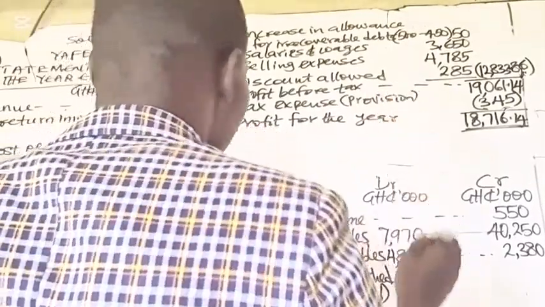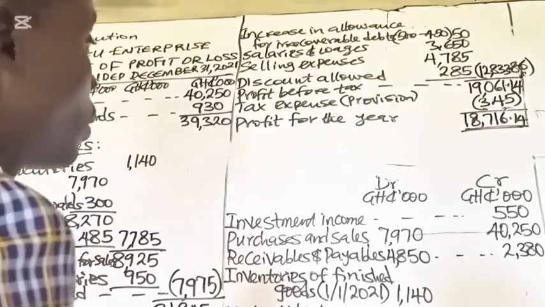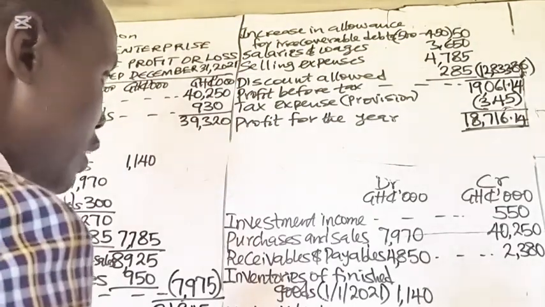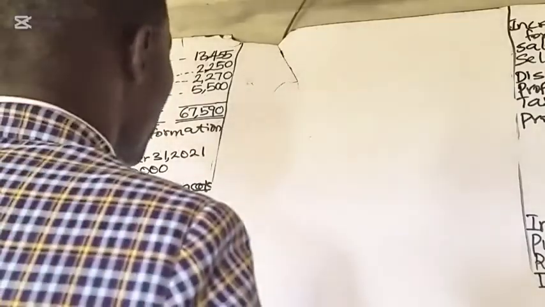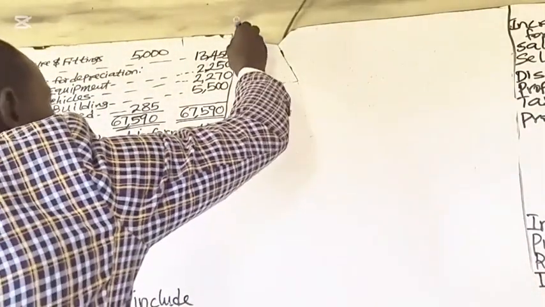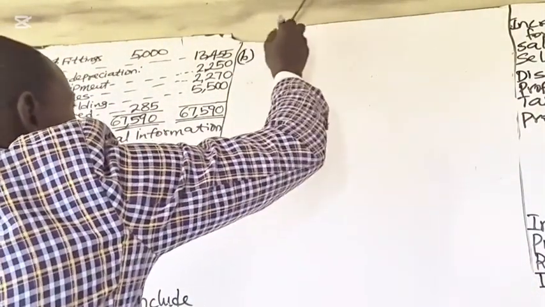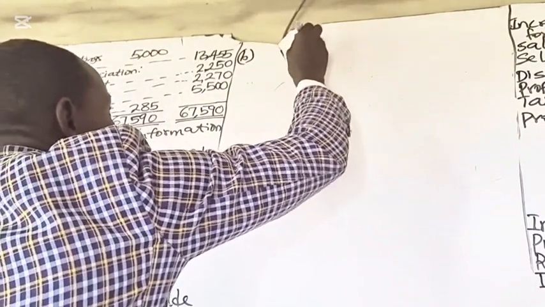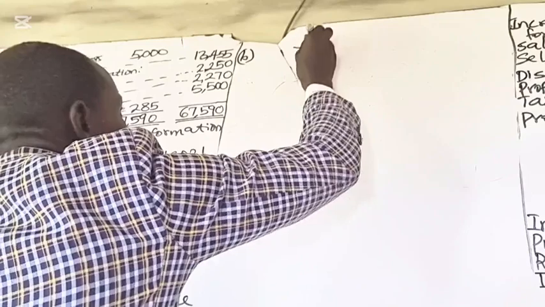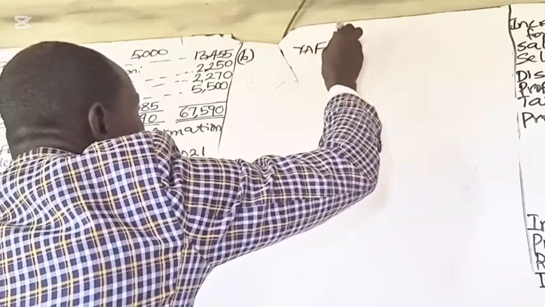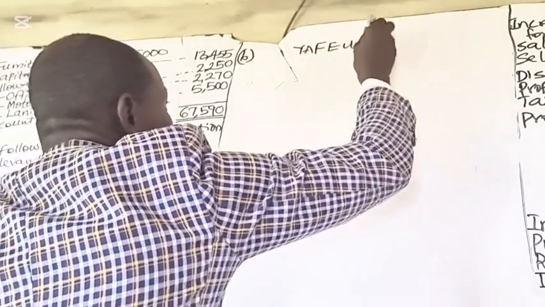The next requirement, that is the B part of the question, you want to prepare the statement of financial position. So we have your firm's enterprise.